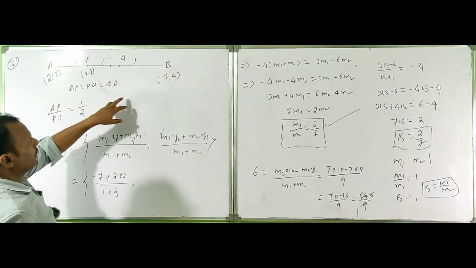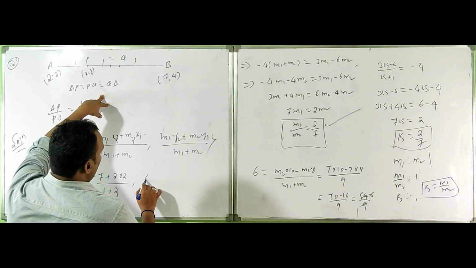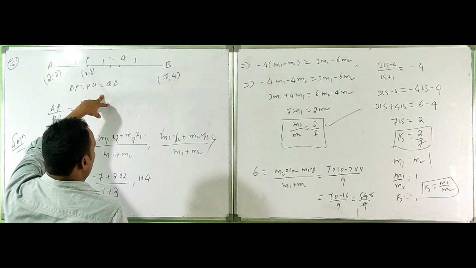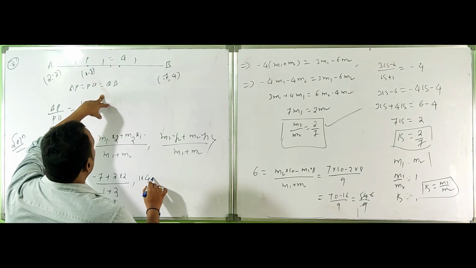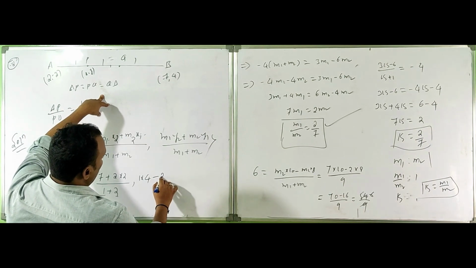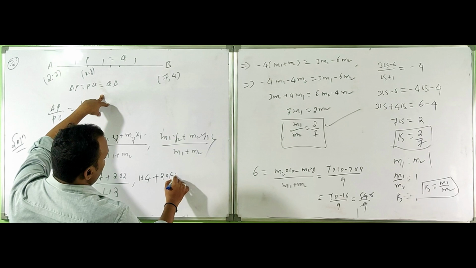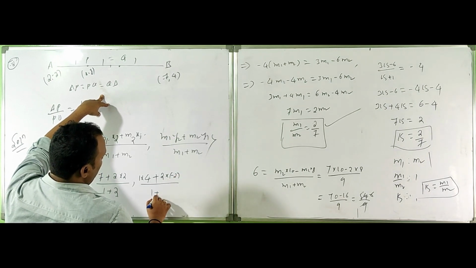And y2 is 4, so 1 into 4, plus m2 which is 2, into 2.